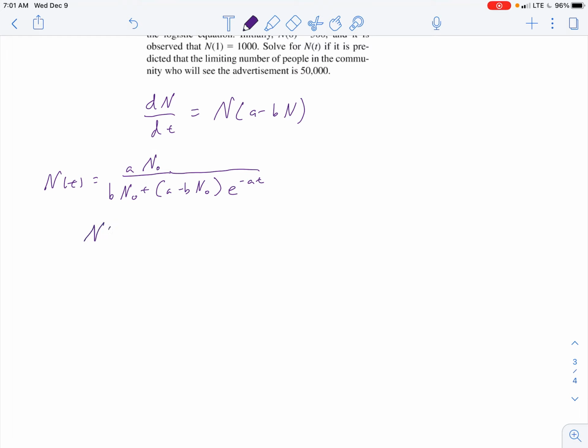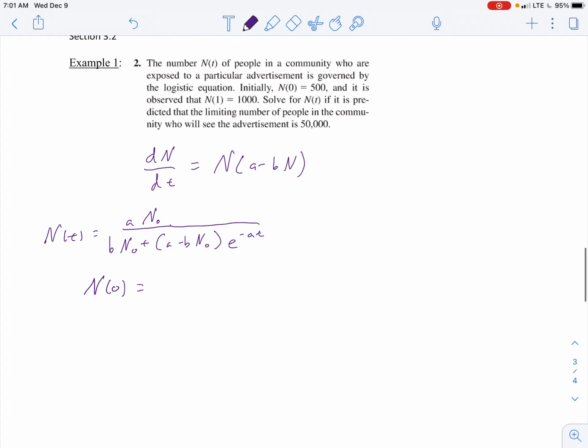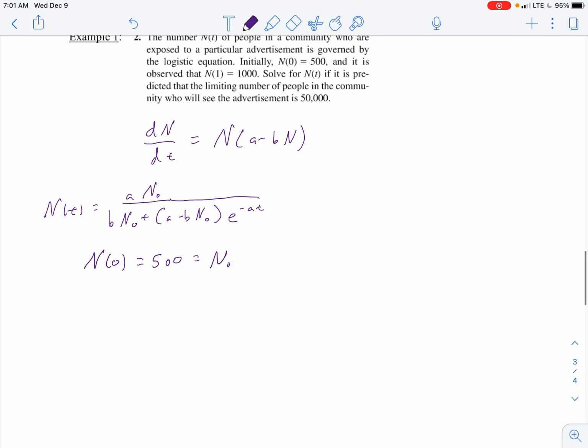Now let's write down some things that we know. At the beginning, when we're just starting, we're told that our initial is 500 people observed. So that's going to be our N sub 0, and we can substitute that in for our N of t.